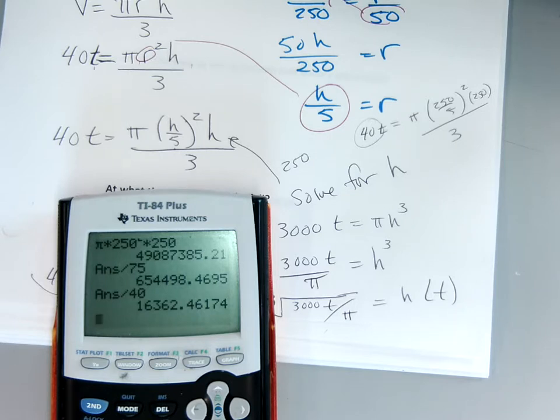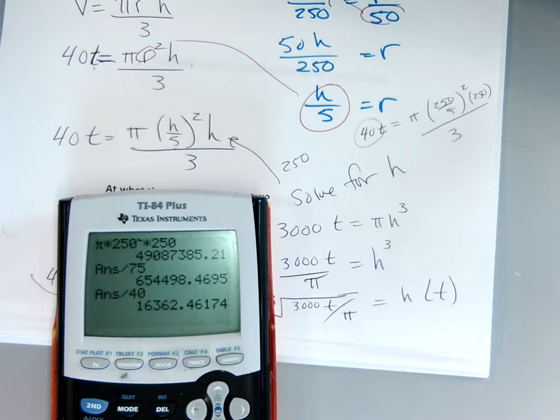Cube it. You have a calculator, Andy? Yes. Cube it. What'd you get if I cube that? Cube 250. Oh, I can just leave it as 250 cubed, right? Divide by 15,625,000.